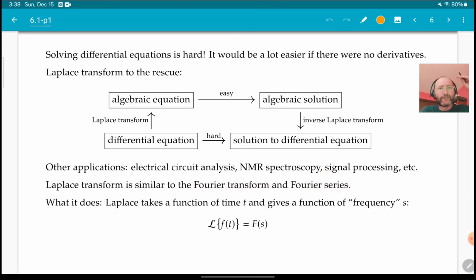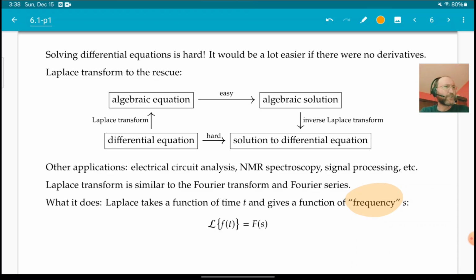So basically, what it does is it takes a function, and you can think of it as a signal. So it's some function of time t, right? So there's some signal in time as it's coming in, and it takes that signal and it transfers it to a different function in the frequency domain. Now, I put this frequency in quotes because, well, it's not really the frequency that you really think of as frequency.